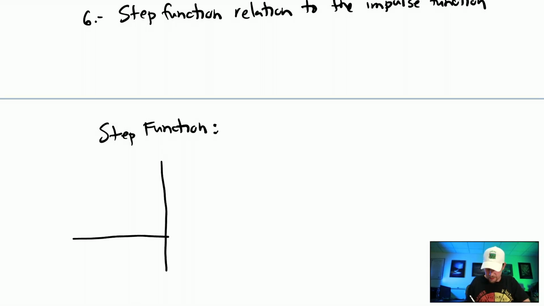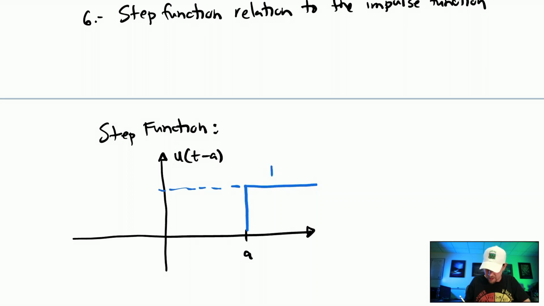Suppose that we had the step function like this, u of t minus a. Let's say a is here. We know that the step function is going to take on a value of 1 for values greater than a, and it's going to take on a value of 0 for values less than a.